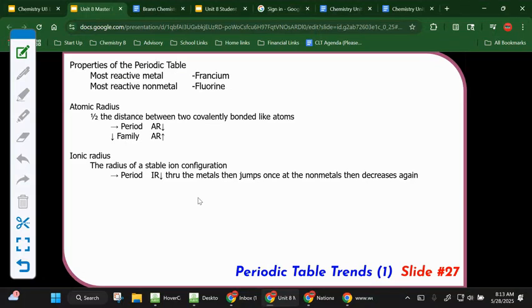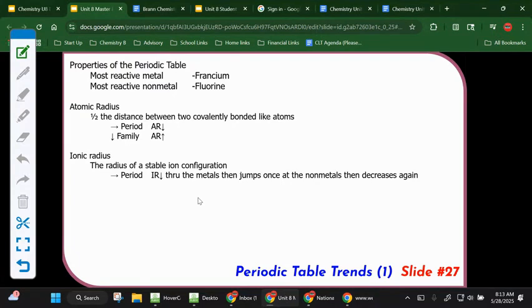But what does happen when you're going across is you go from being a metal to becoming a non-metal. So, sodium, magnesium, aluminum all lose electrons, right? They lose 1, 2, and 3.